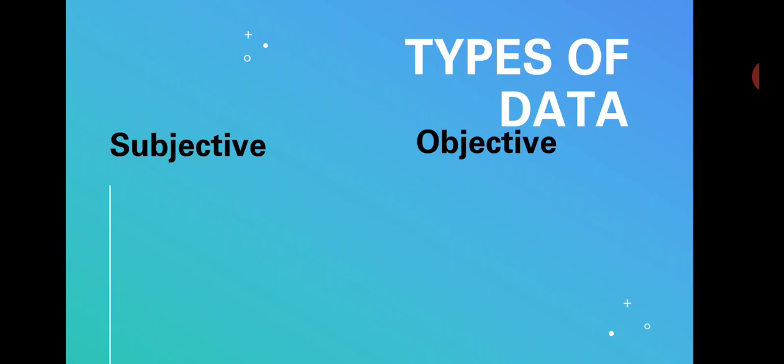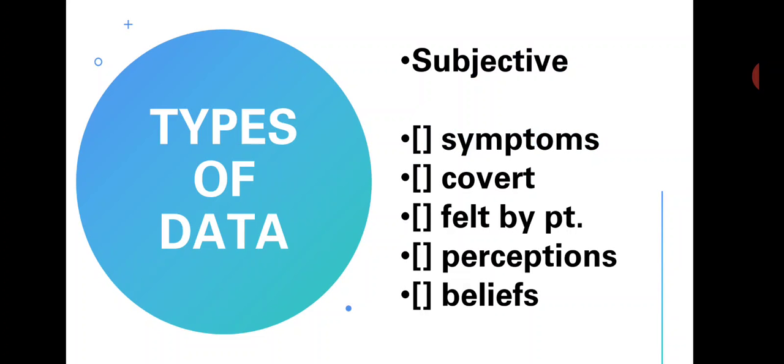Okay, so what are the types of data? There are two types of data: subjective and objective. Subjective data are the symptoms. You should always remember that any symptom reported by the client is subjective data. So the CC or chief complaint, ideally, is a symptom reported by the client.